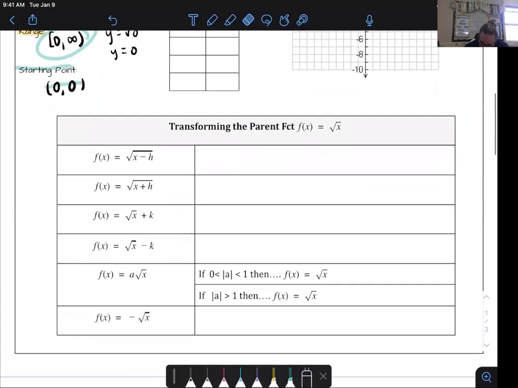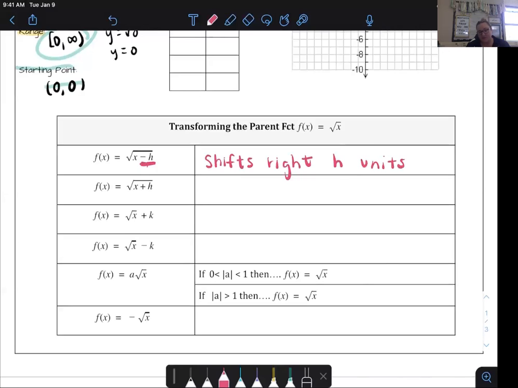So if we're talking about the parent function, f of x equals the square root of x, if I take a number and subtract it directly from x, so I have the square root of x minus h, and x minus h is under that radical, that is going to shift our graph right that many units.